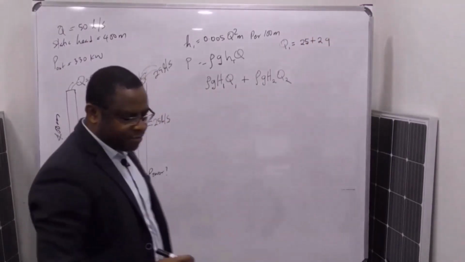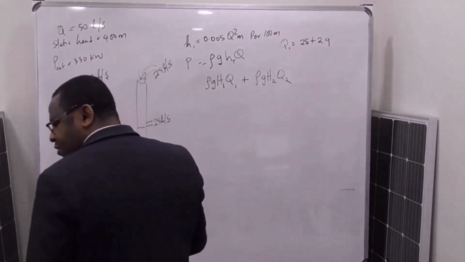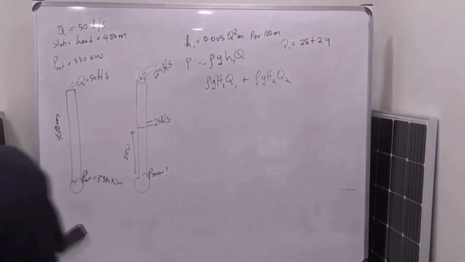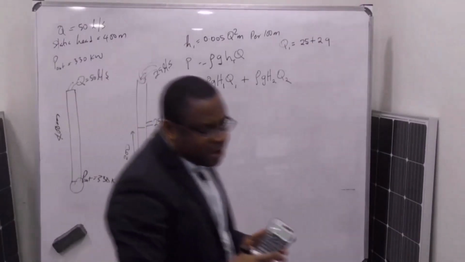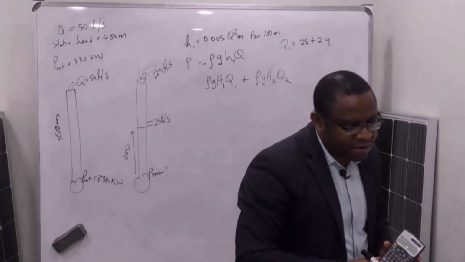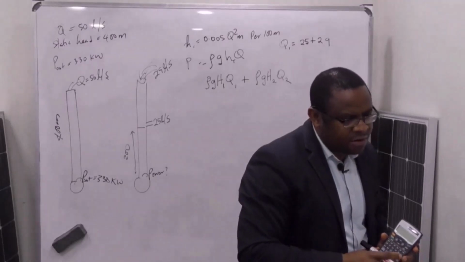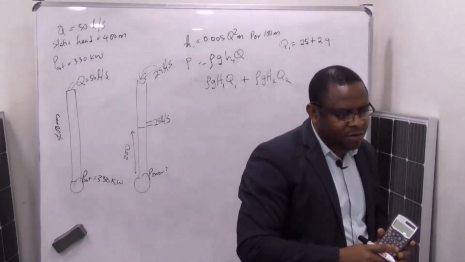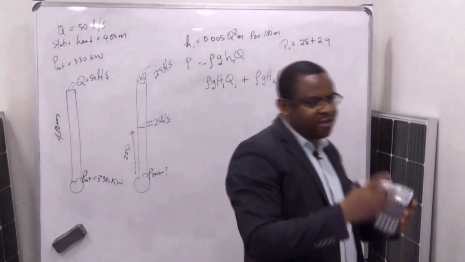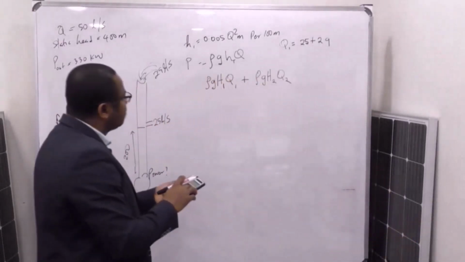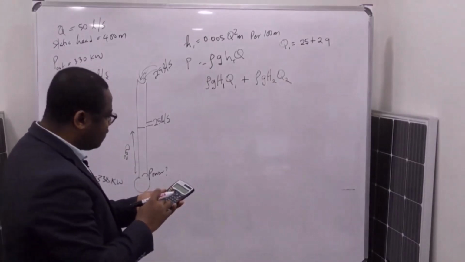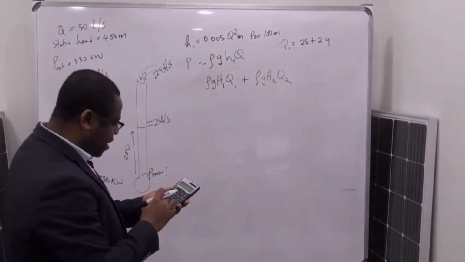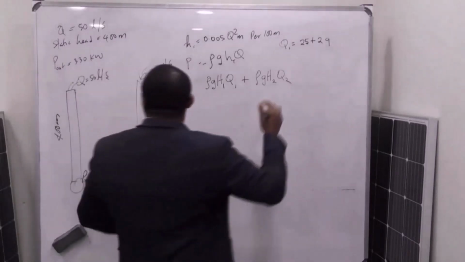Okay. Q1 is 25 and 29. And let me just make sure that it's also against the static head of 400 meters. So 25 plus 29, that's 54.